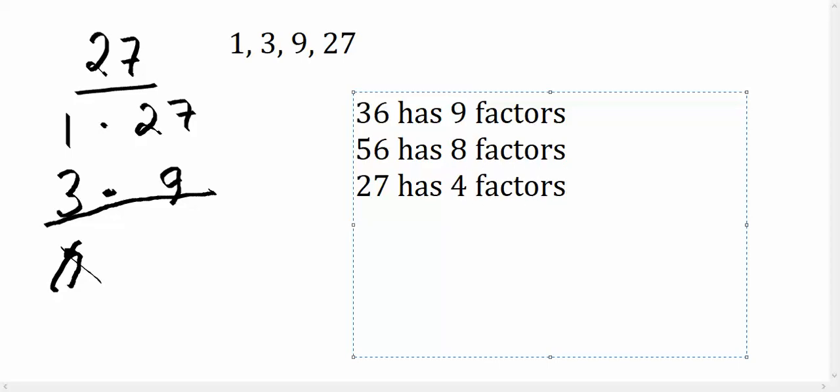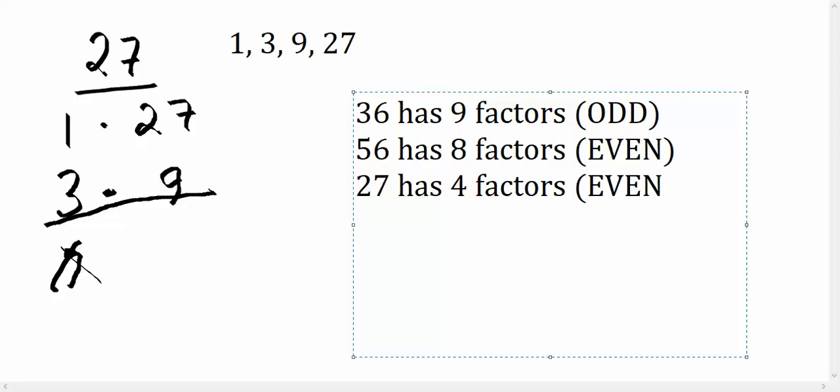You might sit there and think about this for a moment, but what's special about 36, that 36 has an odd number of factors, right? So 9 is odd. 56, of course, has an even number of factors, and 27 has an even number of factors, even though it's an odd number that we started with. 27 is odd. You might think about, well, what's special about 36?